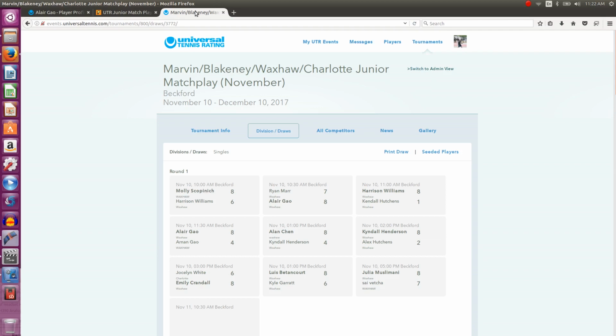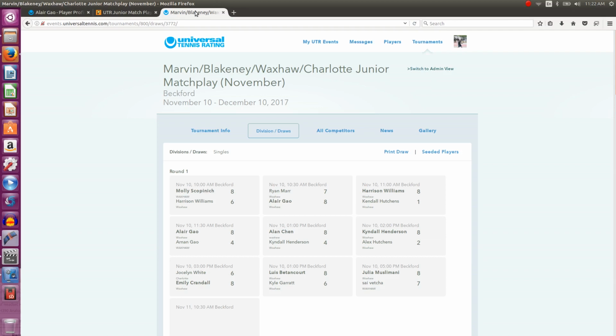By opening it up to girls and boys, we're able to get a larger pool of kids in a smaller area. Most of these kids live in the neighborhood or the adjacent neighborhoods. You're not having to drive very far, and we just play a pro set. We play an 8-game or a 10-game pro set, and most of the matches only last an hour. So it's very convenient for the parents.